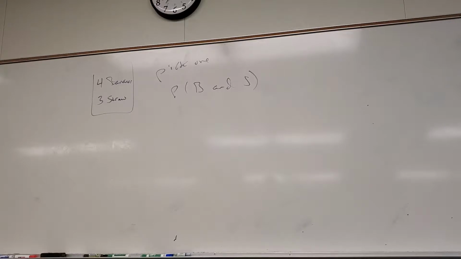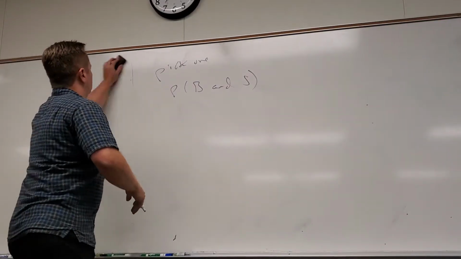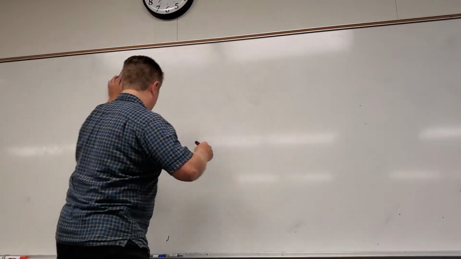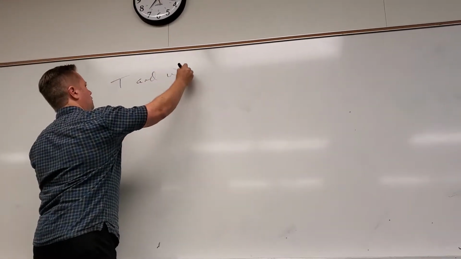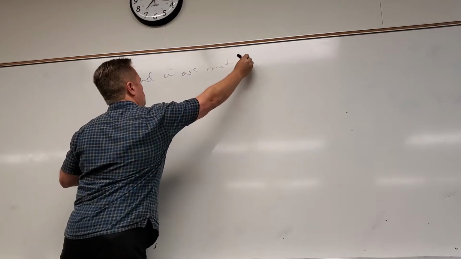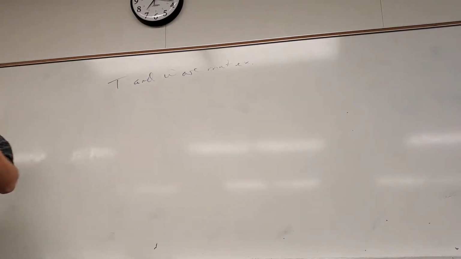So what am I going to do to you? Maybe what the homework did. I'm going to say there's a problem that says, simple like this, T and W are mutually exclusive. Everybody cool with that? What can I immediately write down?